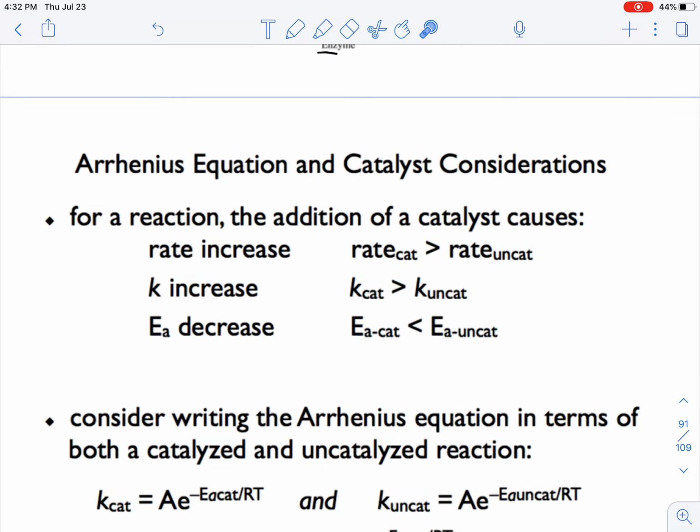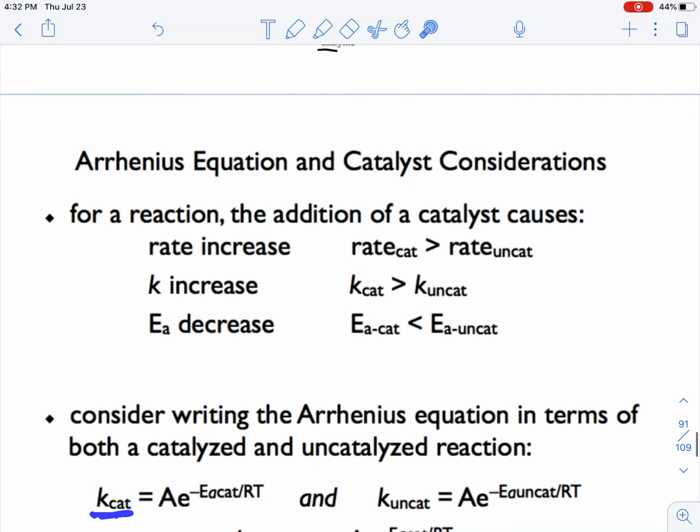We can say k_cat, the rate constant for the catalyzed reaction, is equal to the frequency factor A times the exponential raised to negative Ea of the catalyzed reaction over RT. And for the uncatalyzed reaction, the rate constant for the uncatalyzed is equal to the frequency factor times the exponential raised to negative activation energy of the uncatalyzed reaction divided by RT.